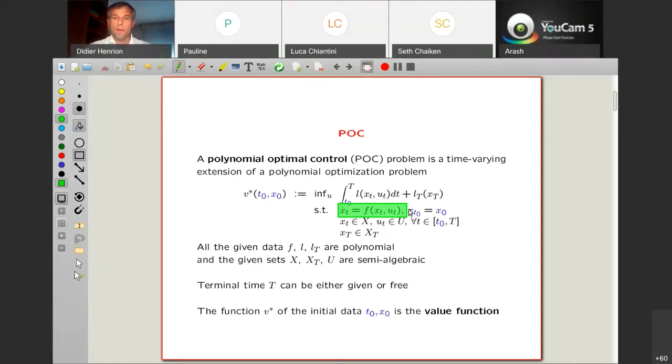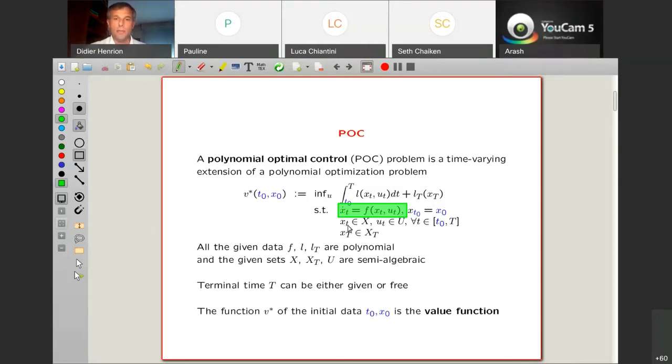The ordinary differential equation starts at time t0, in blue here, and at that time we prescribe the value of the state to some given value x0. On top of that, we have constraints on the state.